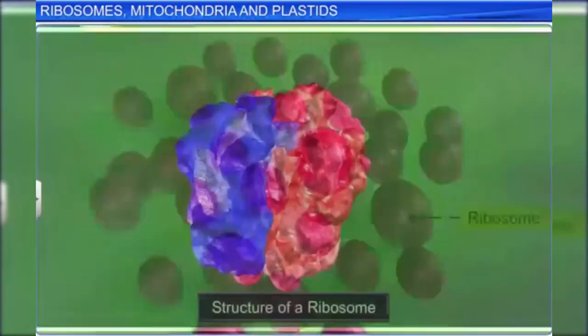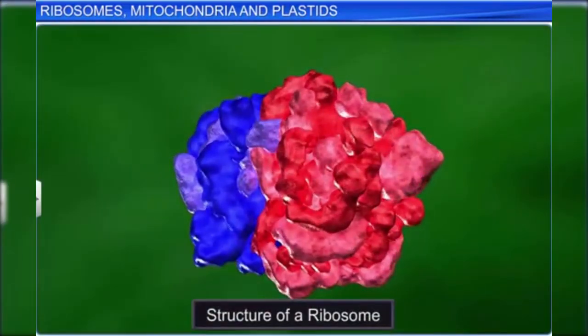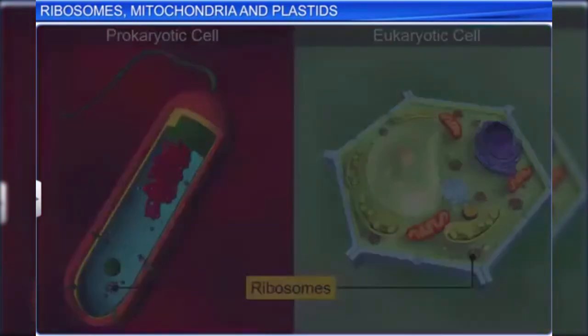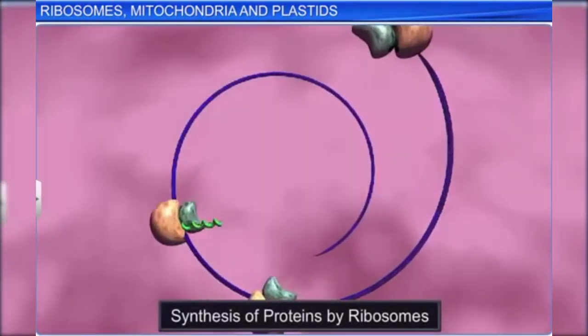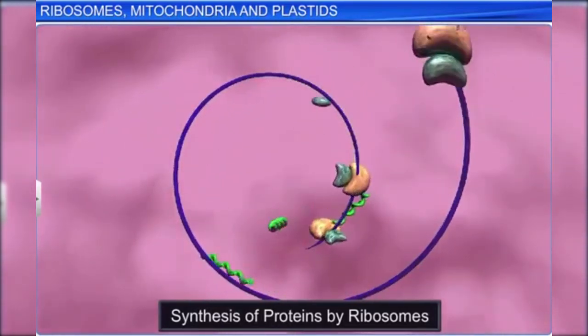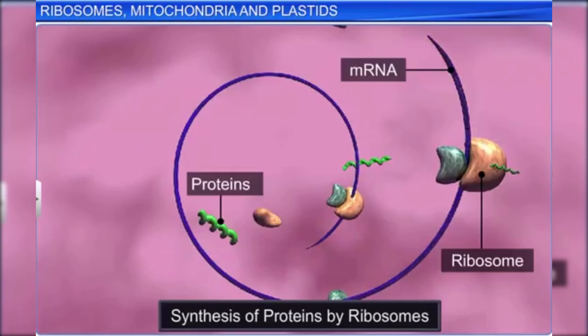These granular and non-membrane bound structures, composed of ribosomal RNA and proteins, are found in both prokaryotic and eukaryotic cells. They synthesize proteins by attaching to a single messenger RNA to form a chain called a polyribosome or polysome, and ultimately translate mRNA into proteins in both eukaryotes and prokaryotes.